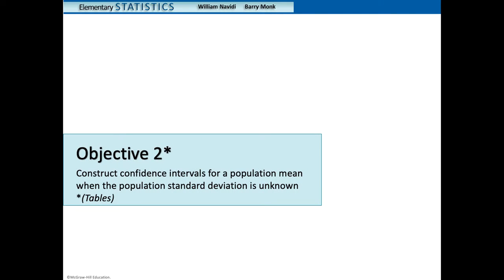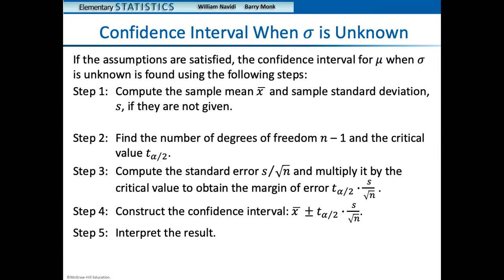So let's go through some examples where we actually construct some confidence intervals using this method. This is the step-by-step procedure that we will do, and notice it looks pretty similar to the method we introduced in section 8.1. We're just tweaking the formula a little bit to use the student's t-distribution instead of the normal distribution.